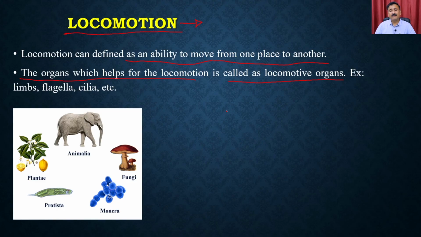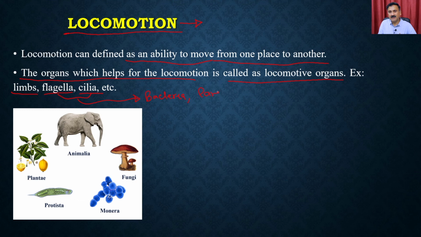So, these are a few of the examples of how the different organisms utilize the different types of locomotive organs for the locomotions, right. I have given you examples like the limbs, flagella, and cilia. The flagella and the cilia are the locomotive organs in the bacteria or the paramecium, right.